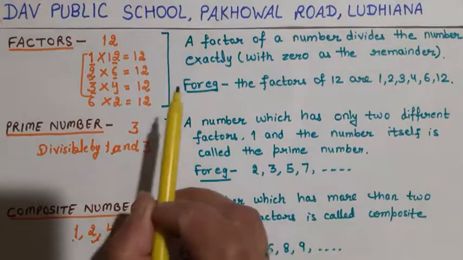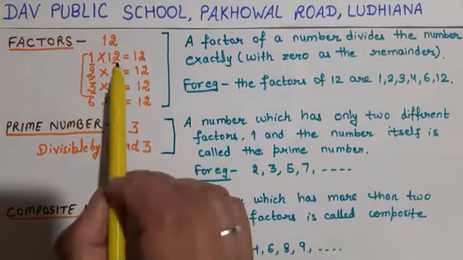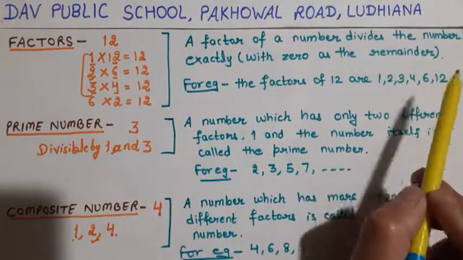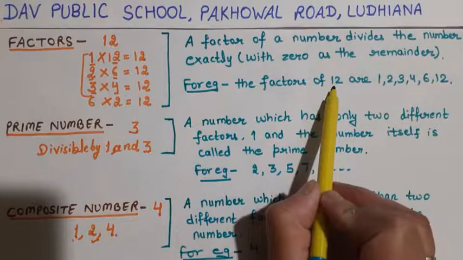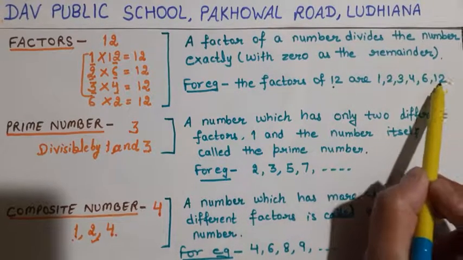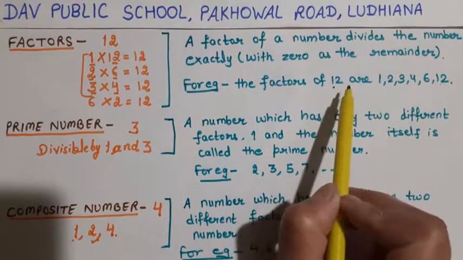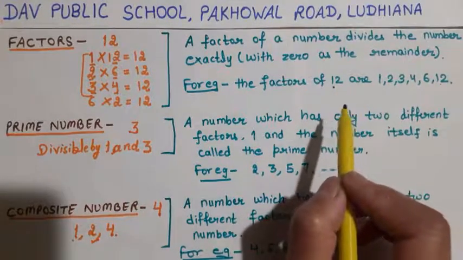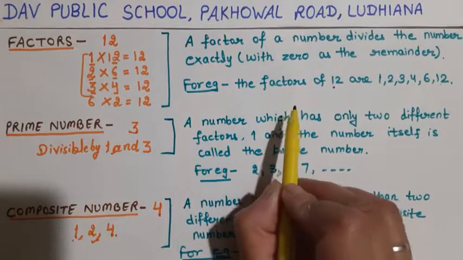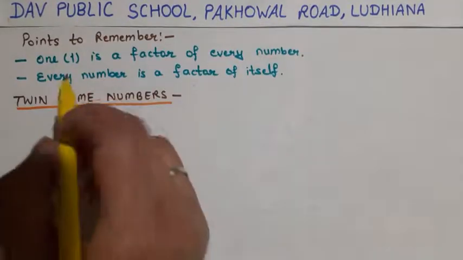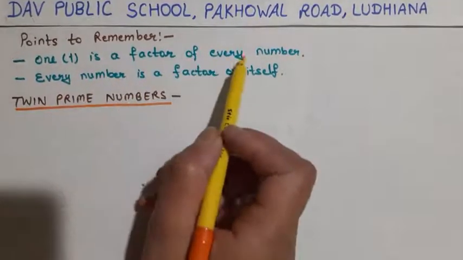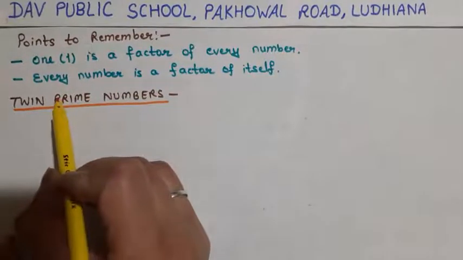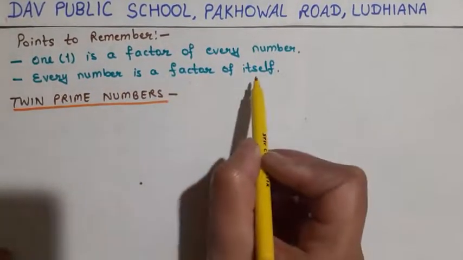As you can see in this example, 12 is a factor of 12, right? It means 12 divides 12 exactly. In a similar way, 6 divides 6 exactly, so 6 is also a factor of 6. So 1 is a factor of every number and every number is a factor of itself.